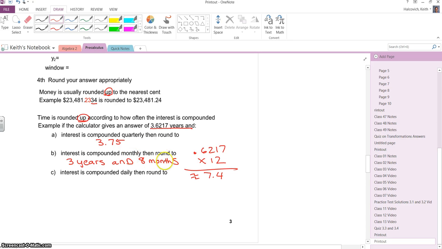And then if you're compounded daily, 0.6217 times 365 days in a year, that gives you 226.9205 days. So rounded up, it becomes 3 years and 227 days.